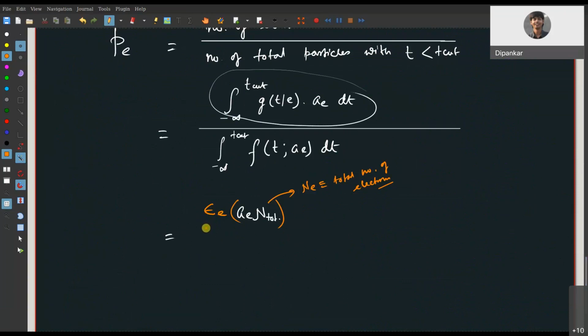And this is divided by N accepted, the total number of accepted particles with T less than T cut.